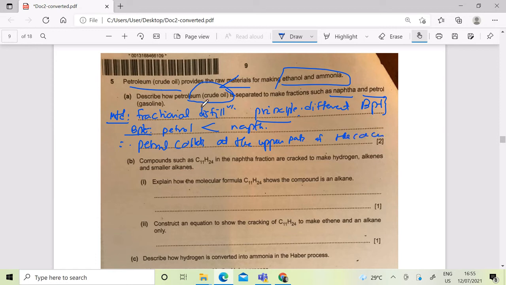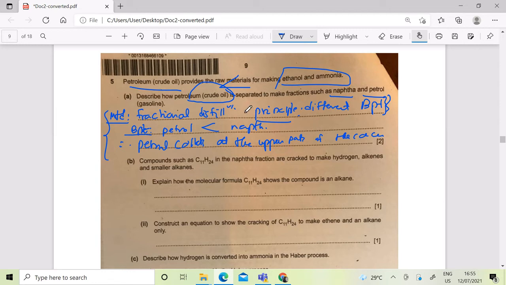So the petrol is having less boiling point compared to naphtha. So the petrol collects at the upper parts of the fractionating column. Or, because we have very limited lines, I think that is enough. But still, you know the process.